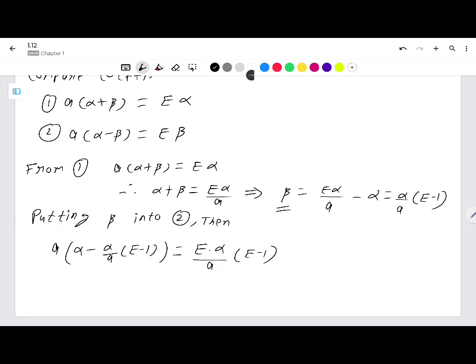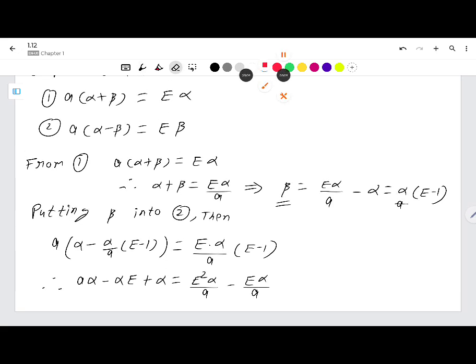So there is A alpha minus alpha E plus alpha equals E square alpha by A minus E alpha by A. Okay, so I think I made a mistake here.